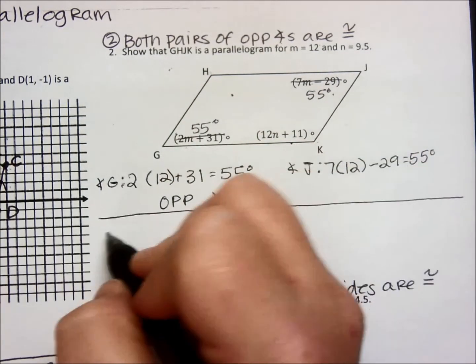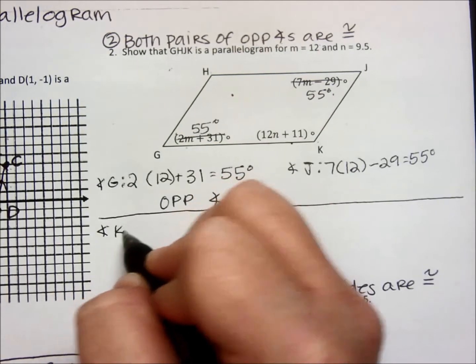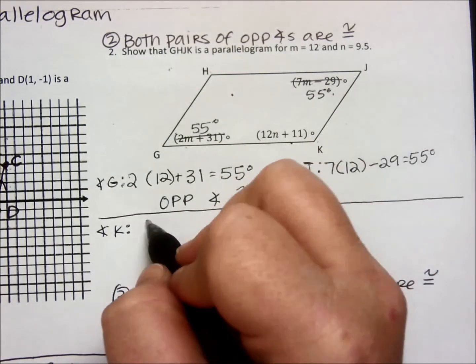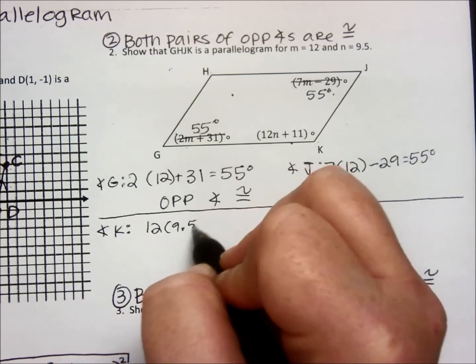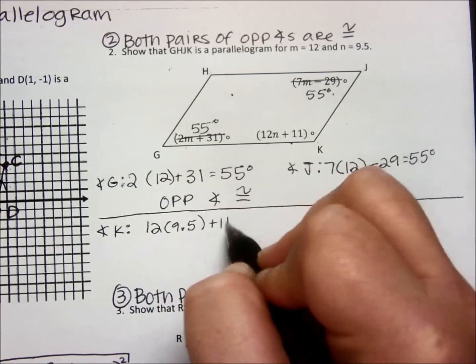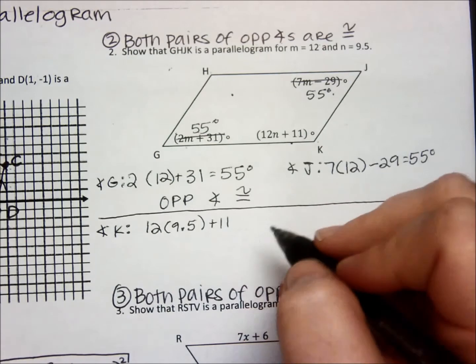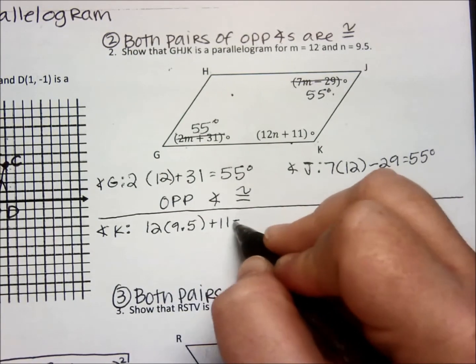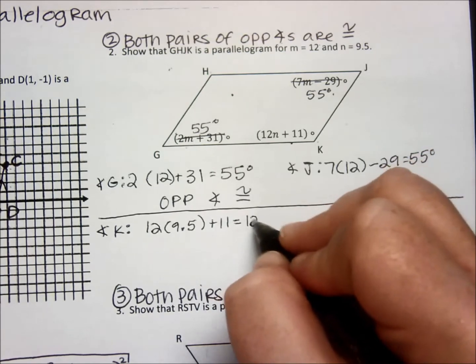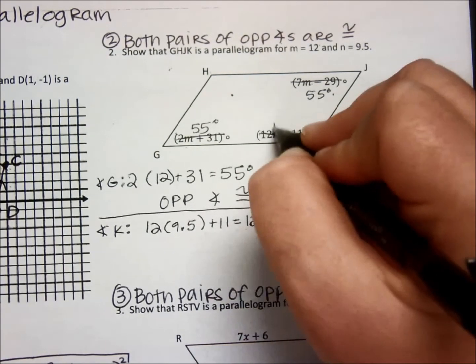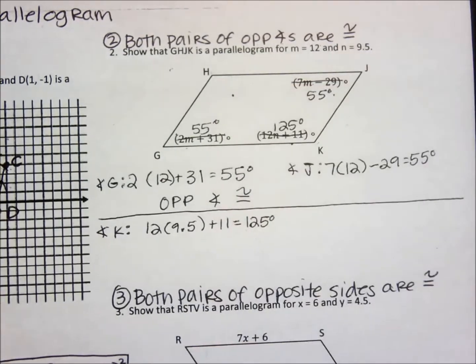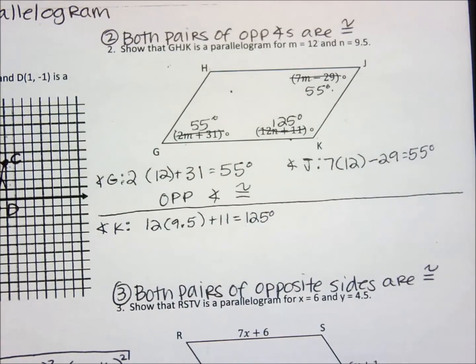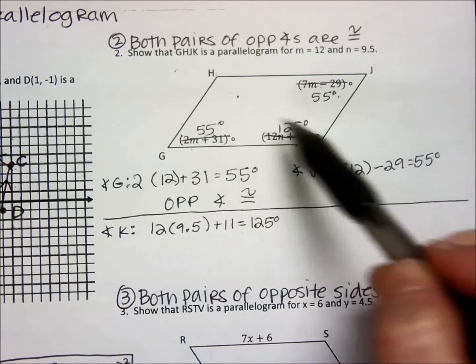So if I look at angle K, I can say 12 times 9.5 plus 11 is equal to 125 degrees. So now this is 125. So now I have to figure out what angle H is equal to. And I can't use that opposite angles are congruent because I don't know it's a parallelogram yet. That's what I'm trying to prove. But I do know that all the angles of a quadrilateral should add up to 360.